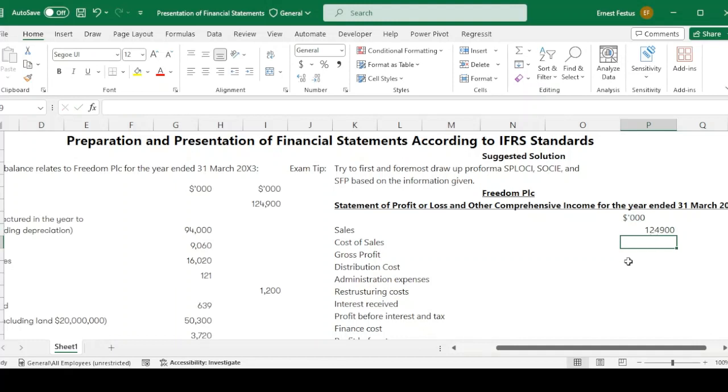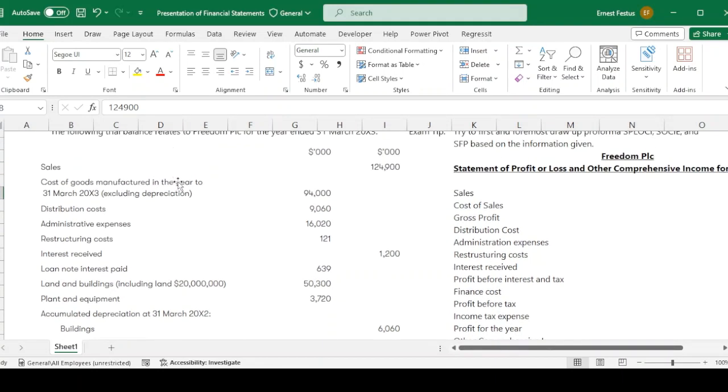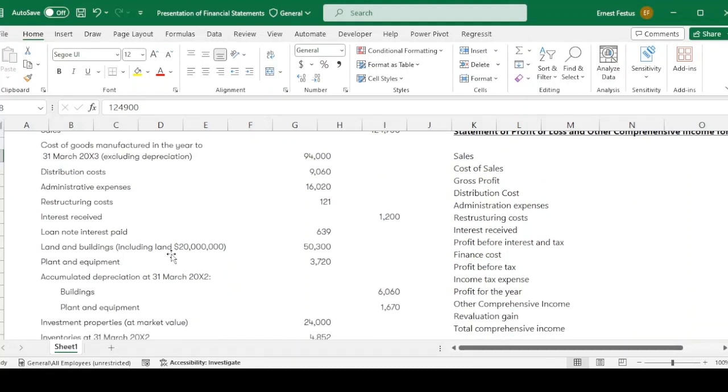And for our cost of sales, we need to calculate it. Before that, let me align this to the right, center. Okay. So for our cost of sales, let's go to the question, and we see cost of goods manufactured in the year to 31st March. We also have some of the items that come into cost of sales.